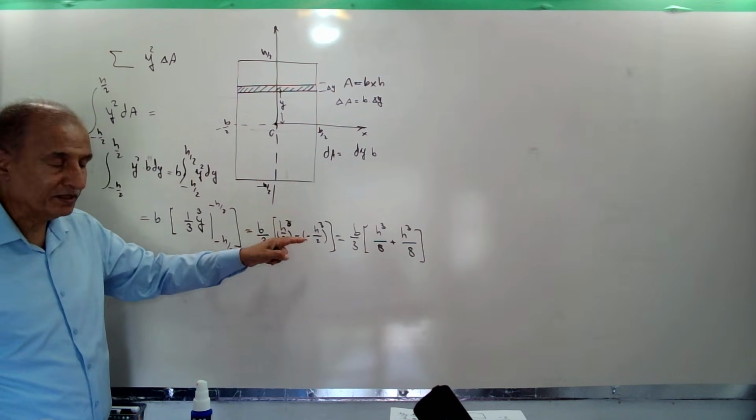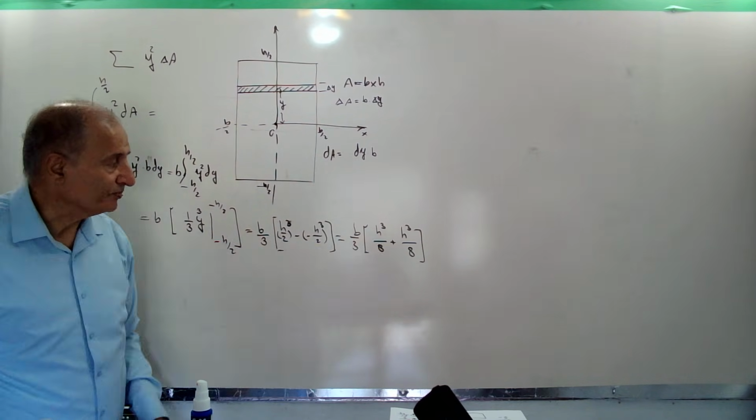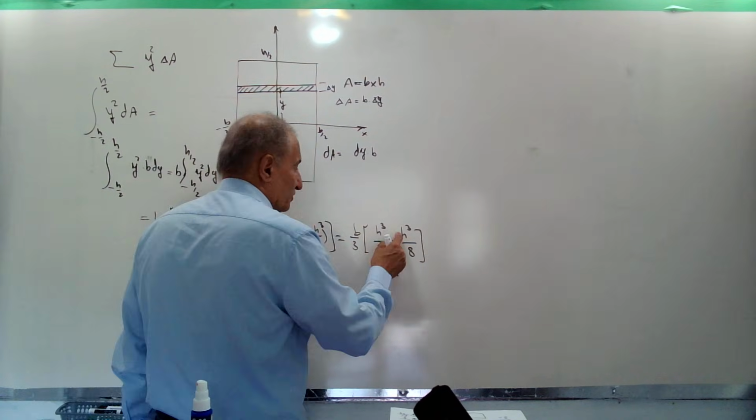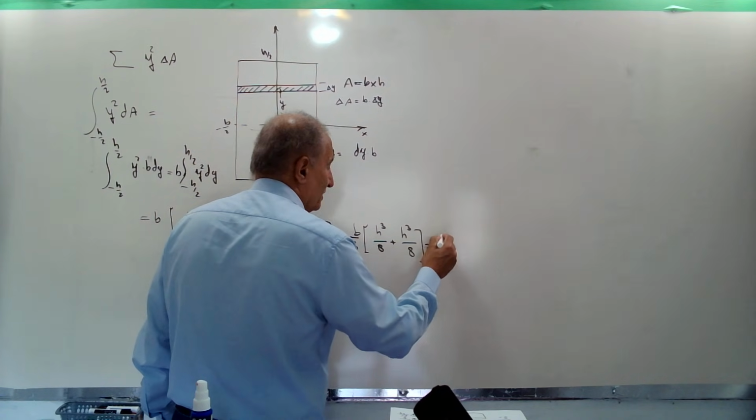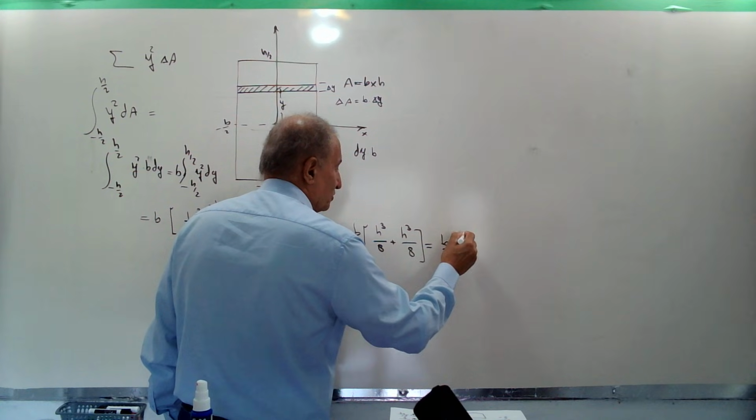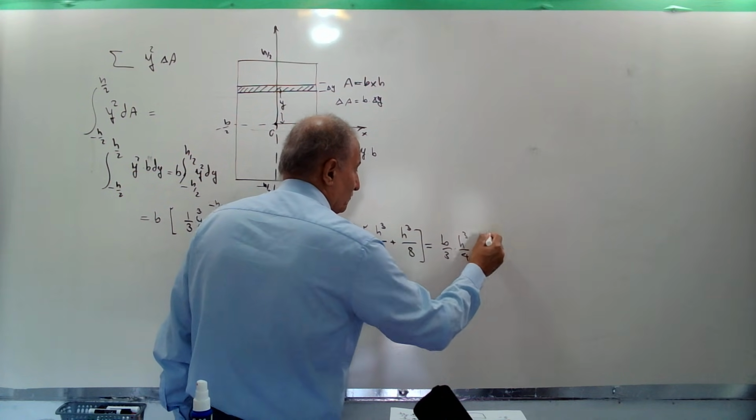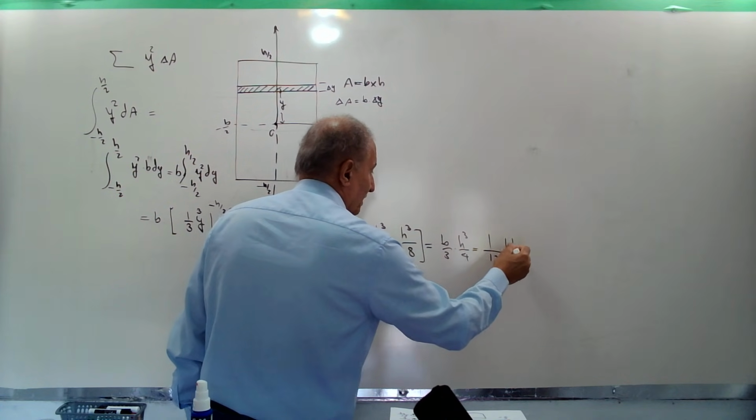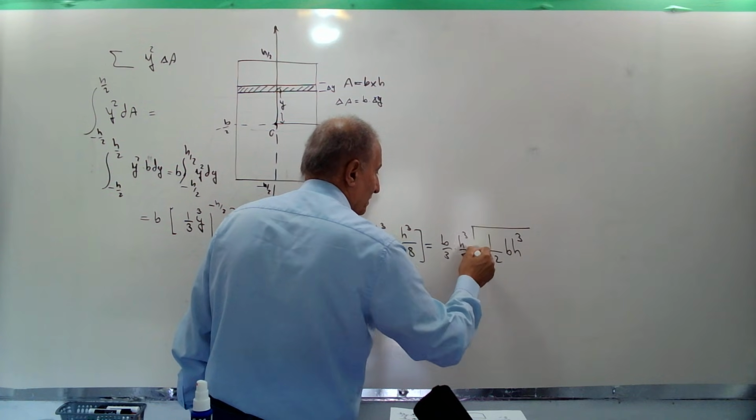Minus cubed is minus, and minus times minus is plus. This is equal to h cubed over 4. So b/3 times h cubed over 4 is 1/12 b h cubed.